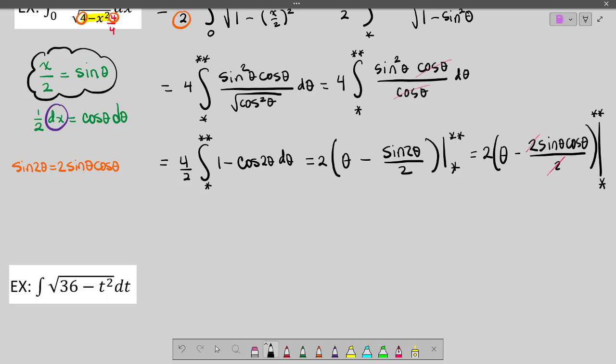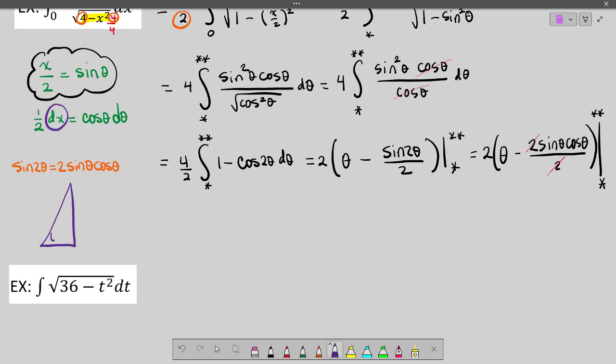And what we are going to do to make this work is the following. We're going to draw a triangle. You should always draw it as if it's a triangle in quadrant 1, and you're drawing this triangle that satisfies this equation right here.